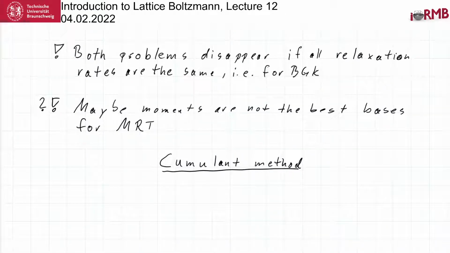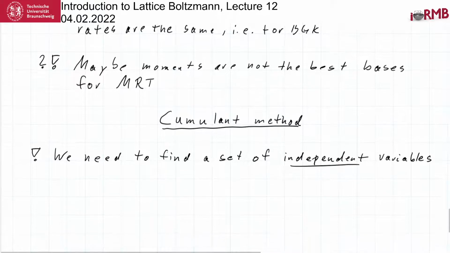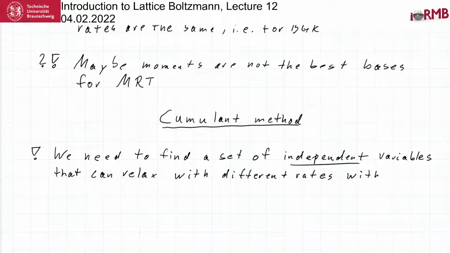So, okay, what do we need to do? We need to find a set of independent variables that can relax with different rates without influencing each other.